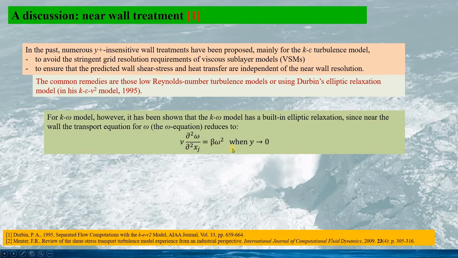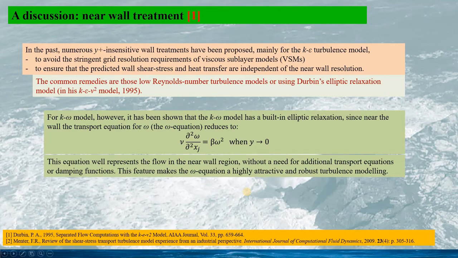For the K-omega model, however, it has been shown that it has a built-in elliptic relaxation, since when we look at the transport equation for the omega, we can see when y approaches 0, the omega equation would reduce to this form. This equation represents the flow in the near wall region without a need for additional transport equations or damping functions.